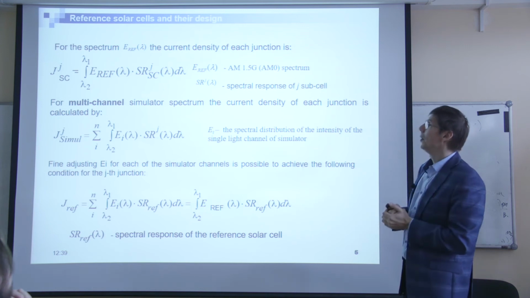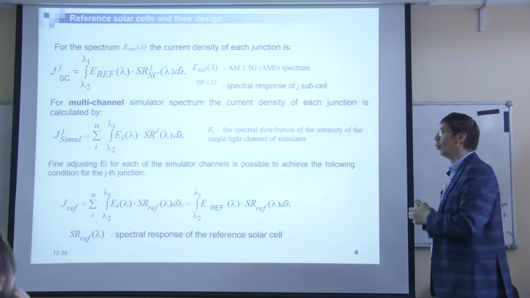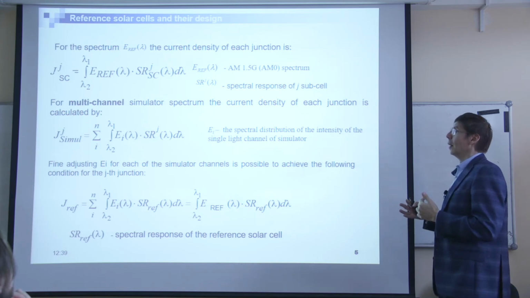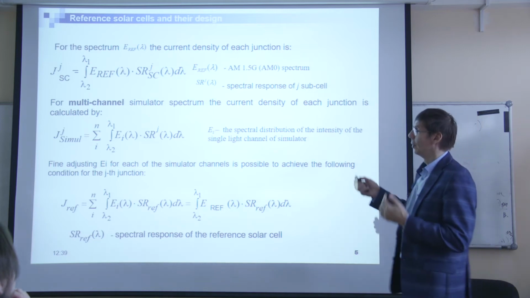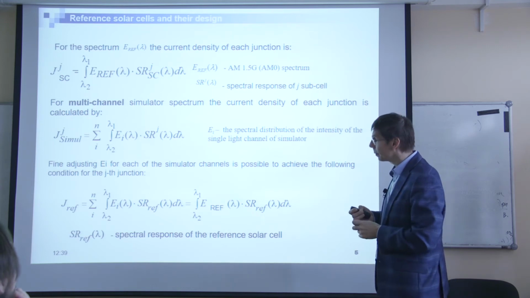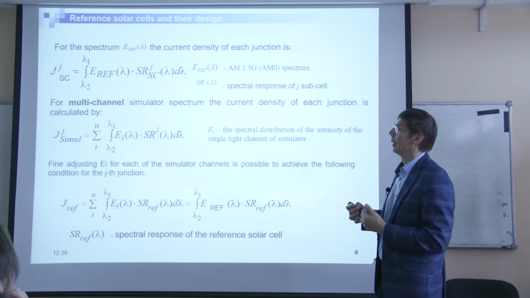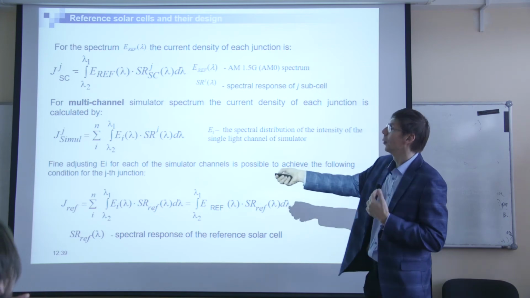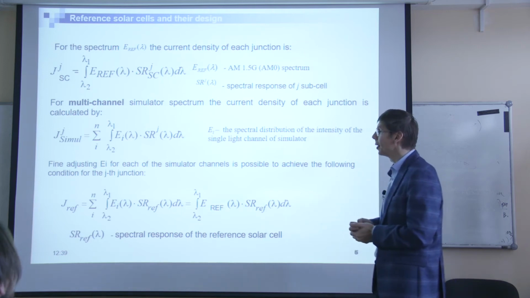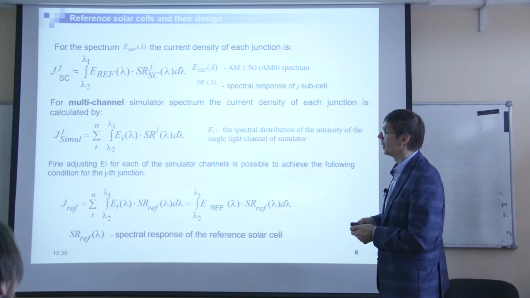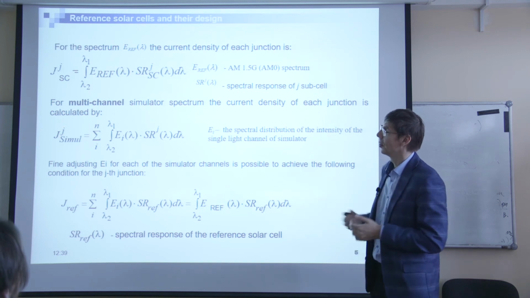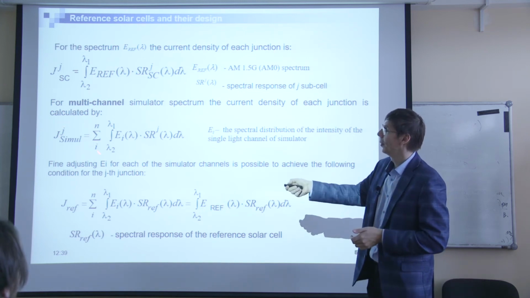And if you have a multi-channel simulator, you can adjust the spectrum, because for each junction you can calculate the current. So you should know the spectrum distribution of your simulator. And here things become a little bit more interesting. You have several junctions and several channels.